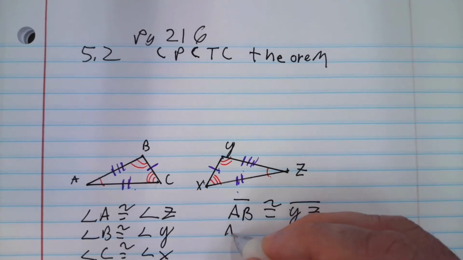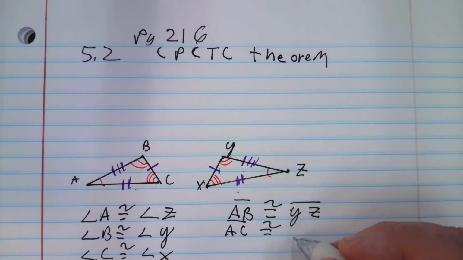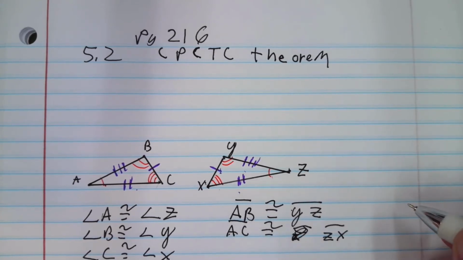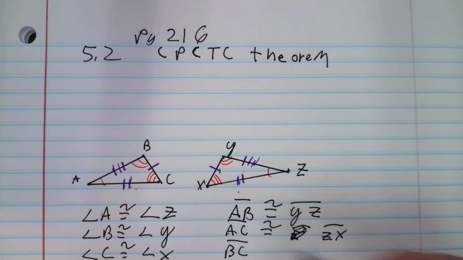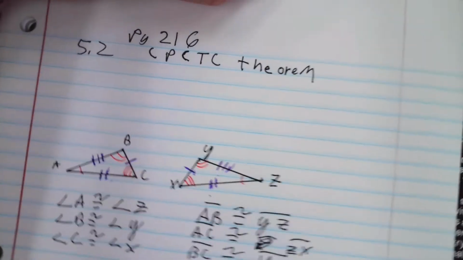Segment AC, what's that congruent to? ZX. ZX is better. And what is left? BC? Segment BC is going to be congruent to? Yep. Yours is better, YX. And we barely can see that.